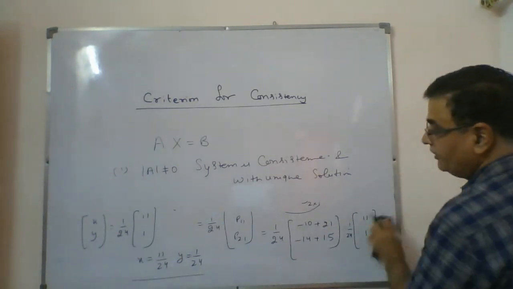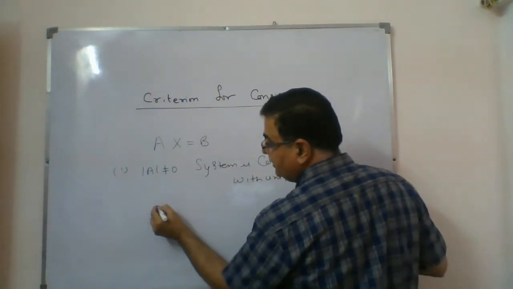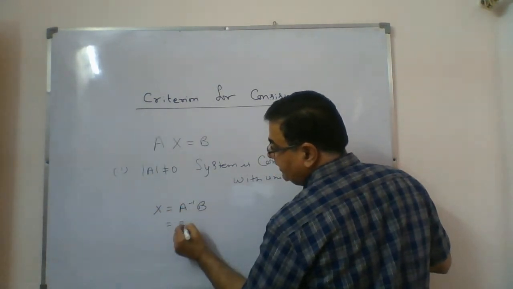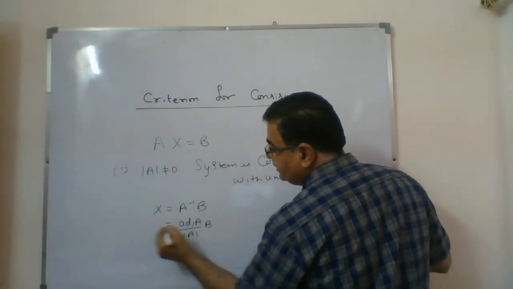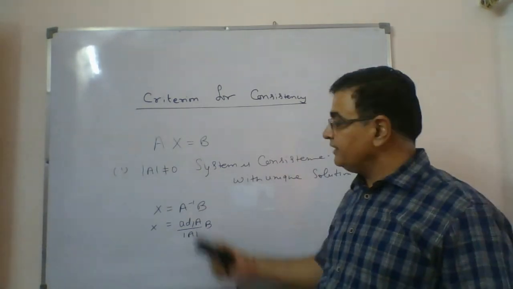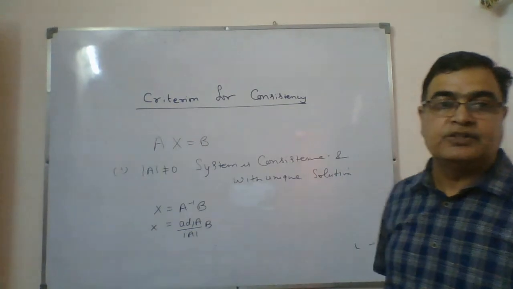And how you calculate that unique solution, I already told you. That will be X is equal to A inverse B. A inverse means adjoint A by determinant A, into B will be your X. And then you can calculate X and Y, which will be there in X, and you can solve the question.